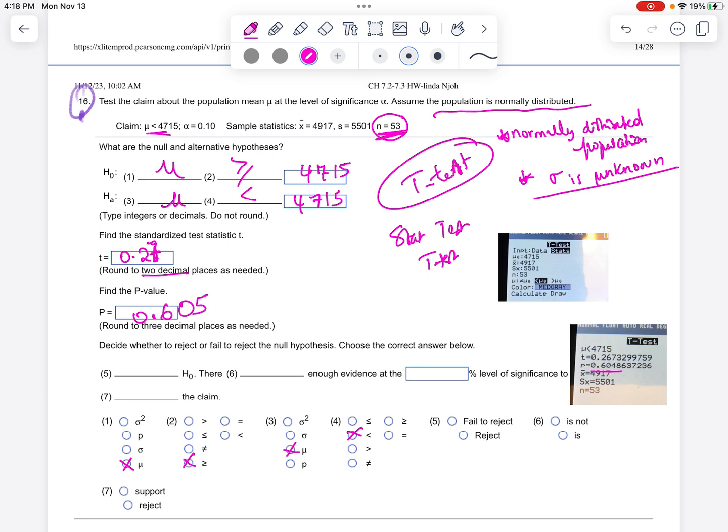Okay. Now, decide whether to reject or fail to reject. The p-value is too big. It's bigger than alpha. So you're going to fail to reject the null. And then the claim was in the HA. So if we fail to reject the null, what are we going to say?